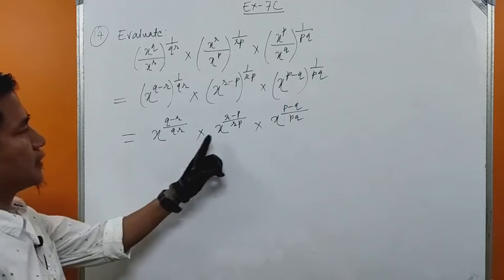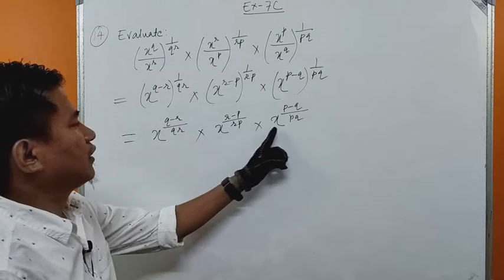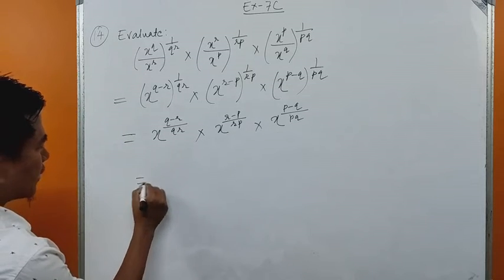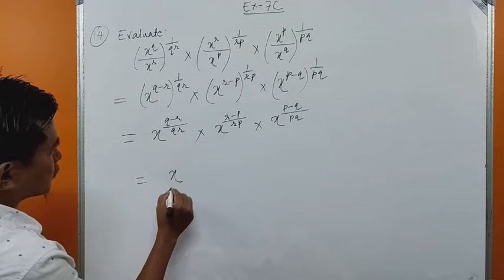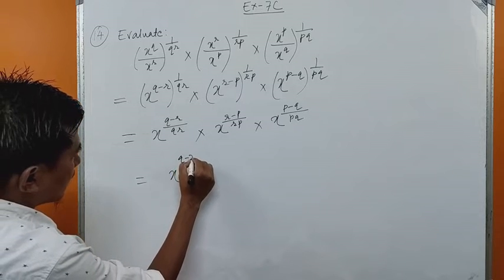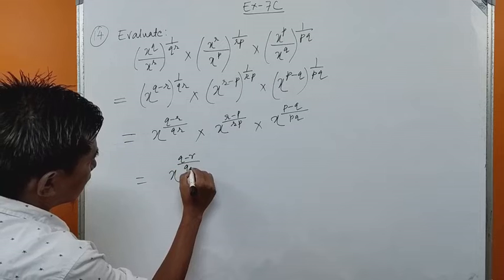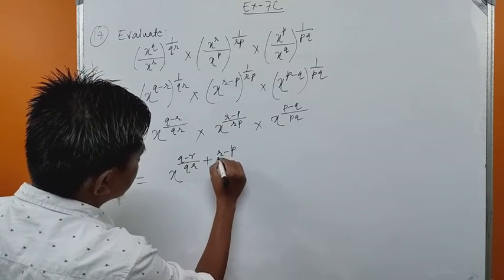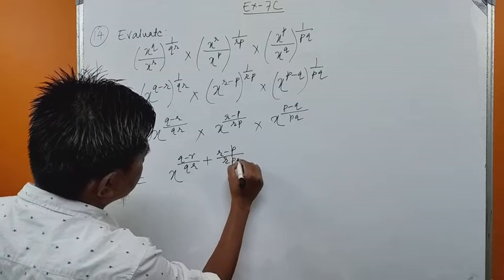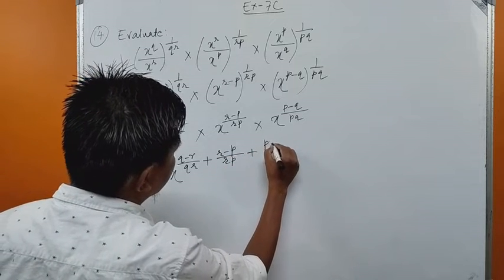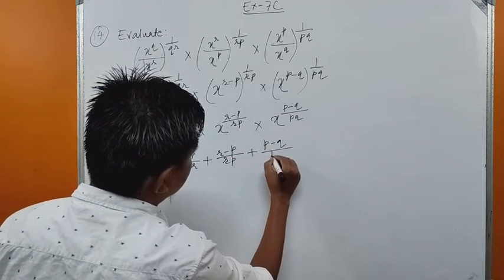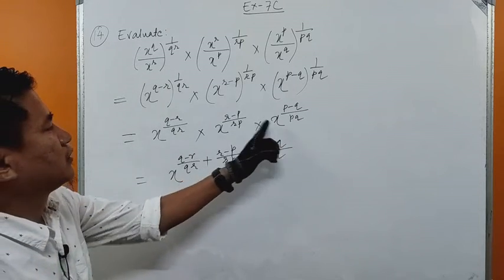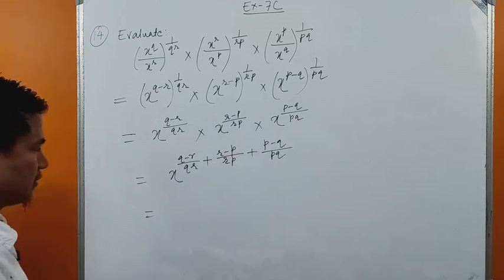Now since the bases are equal and there is a multiplication sign in between them, we must add up the power. So x to the power q minus r upon qr plus r minus p upon rp plus p minus q upon pq. Since the bases are equal, their powers should be added.